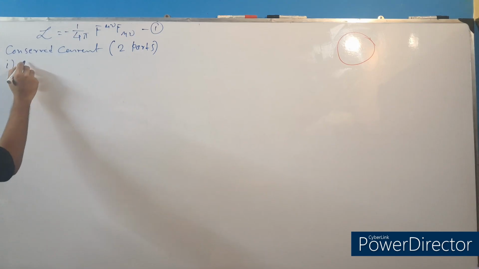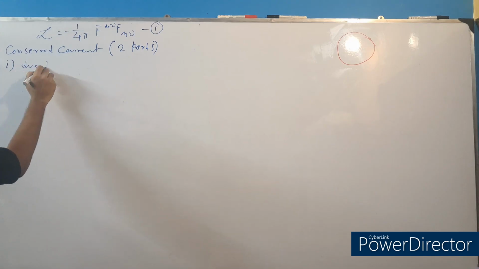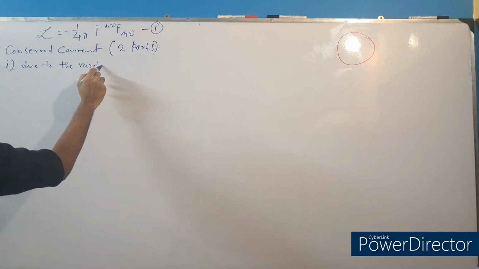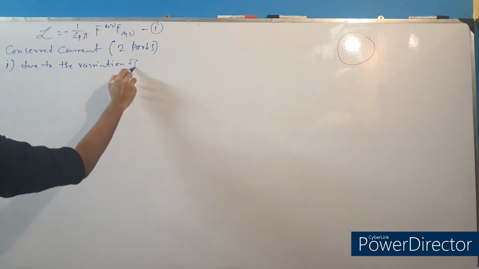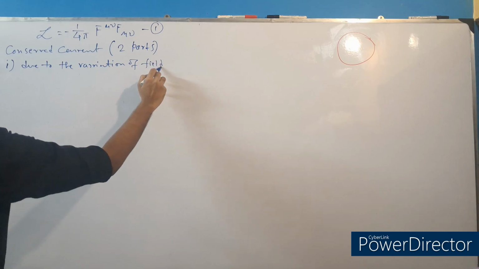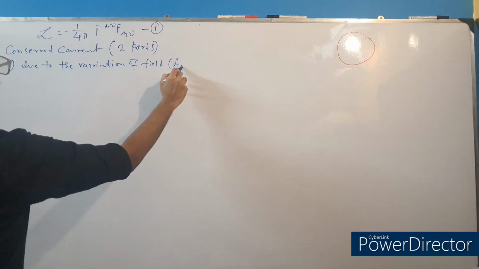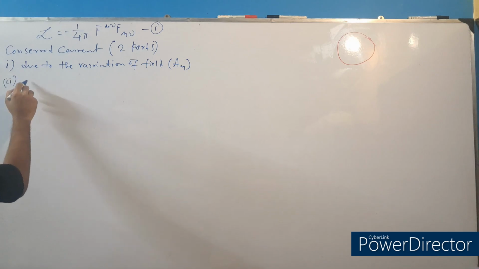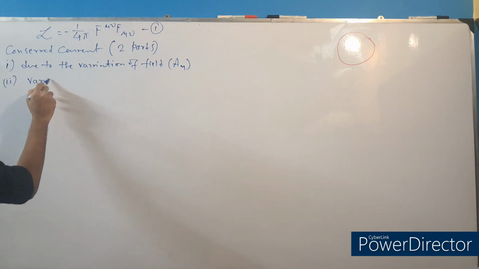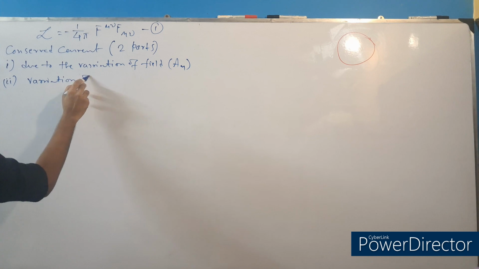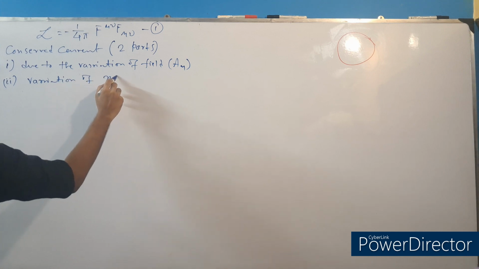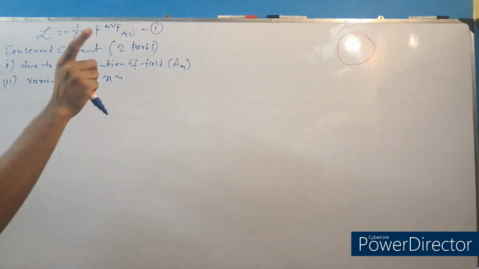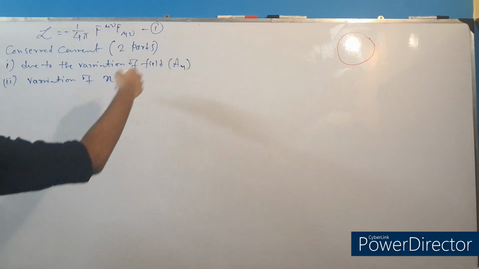One will be due to the variation of the field, that means A mu, and the second will be due to the variation of x mu. Okay, there will be two parts. If you see the I button video, you will get these two things.